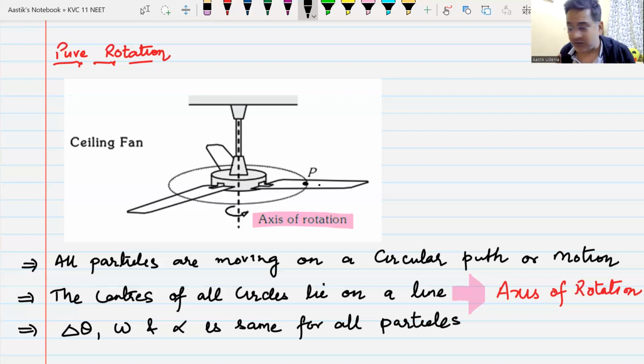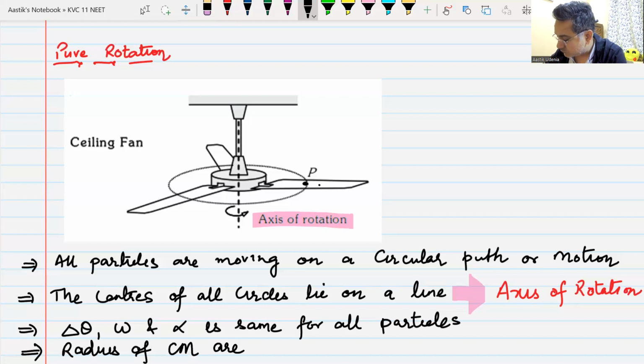So, they have the same angular velocity, same angular acceleration and same angular displacement, but the radius of circular motion are different. See, if you see this point P, it is moving on a different radius. If I take any point, let us say Q, this point Q will also move in the circular path, but the radius would be different.